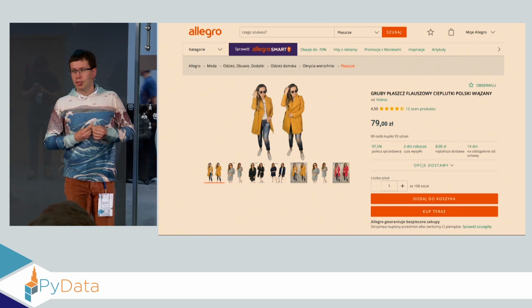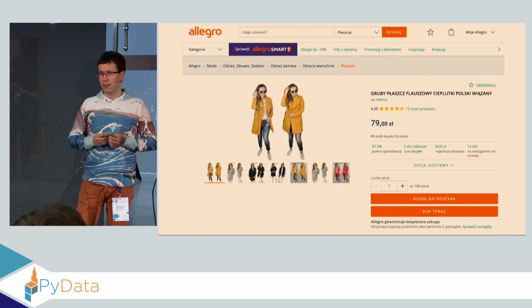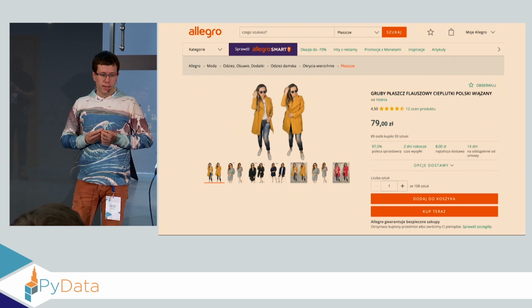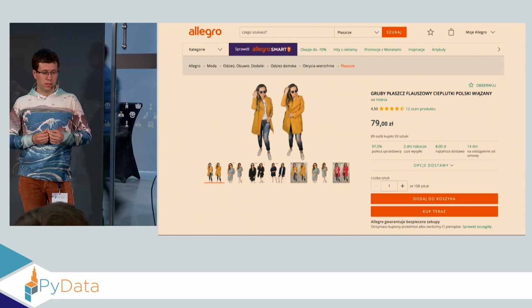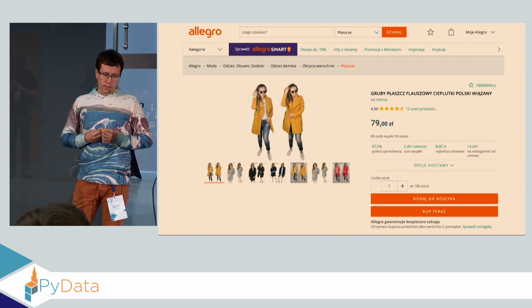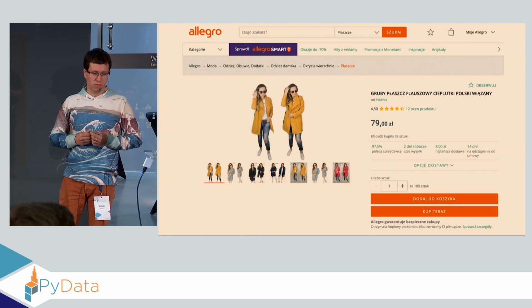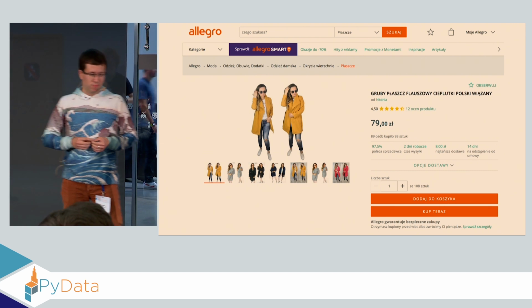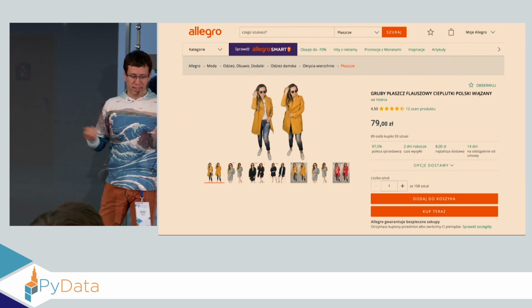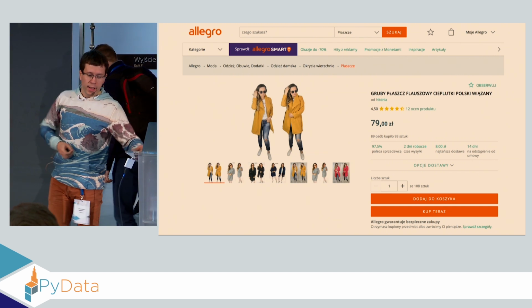If you come from Poland, then you probably know Allegro. We are the largest e-commerce site in the region. Basically on our site you can find different sellers who sell their stuff, and it's almost everything, starting from some small items, maybe fashion, ending up on computers, many different things.